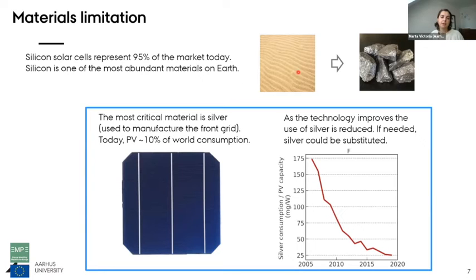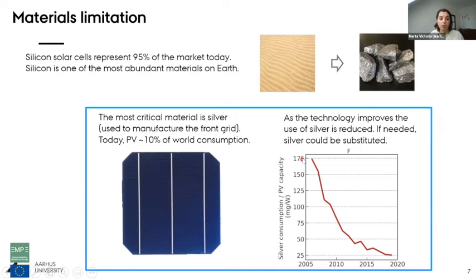One material that is typically mentioned as a possible limitation is silver. Silver is used to manufacture these front contact grids, and currently the consumption of silver in the PV industry represents around 10% of the world consumption of silver. So it could be a potential problem, but it's important to realize two things.